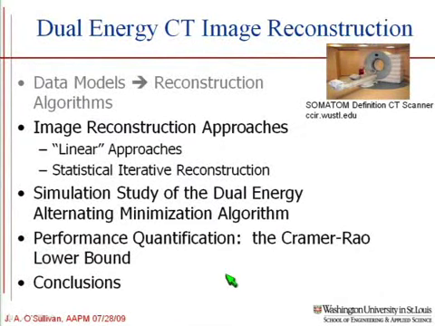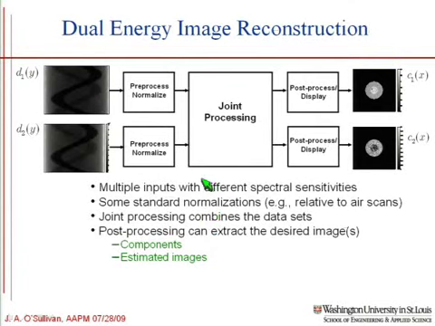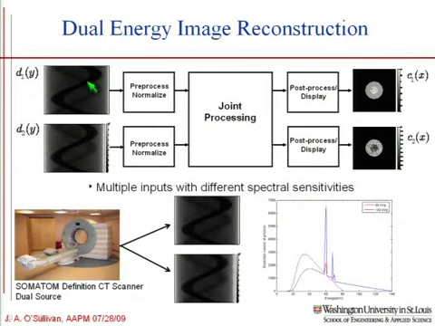So let me go through the image reconstruction approaches quickly. So this is the setting in which all of them will live. So we have multiple sinograms. There is a Somatom Definition CT scanner at the Mallinckrodt Institute of Radiology and the Center for Clinical Imaging Research, and so we sometimes think about modeling that because we have one.